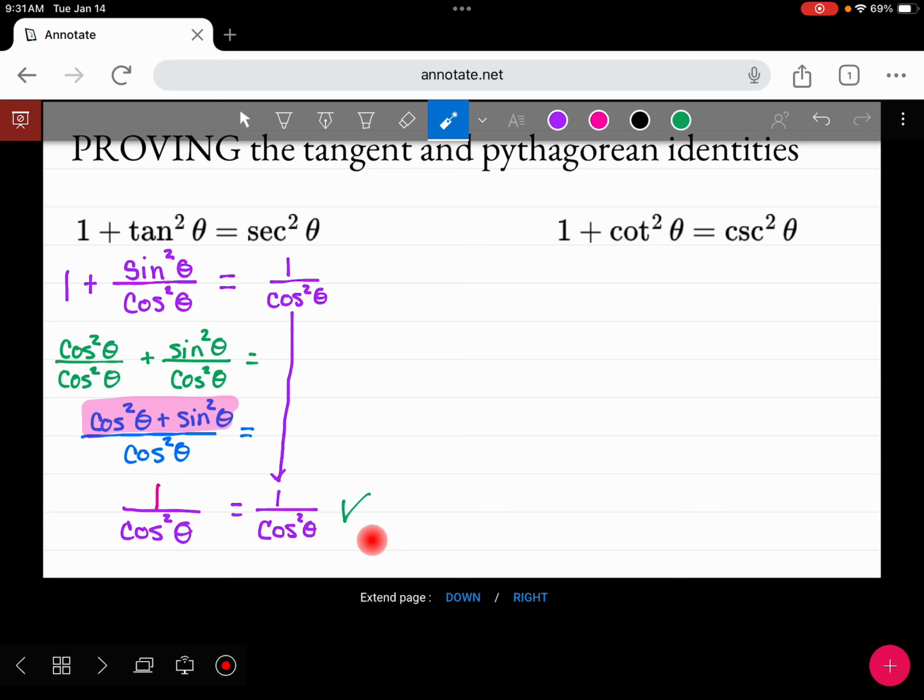So this is how we prove this identity. And this is how we do all of our simplification for the most part in this section. We're going to do most of it using sines and cosines instead of too much opposite and adjacent. There might be a little, but it's going to be really rare. More often than not, it's sine versus cosine.